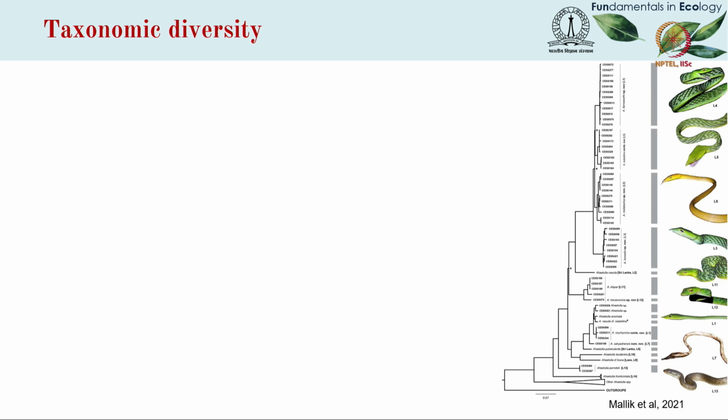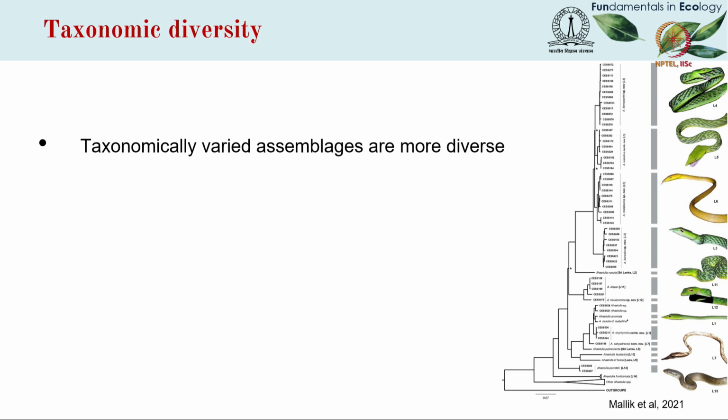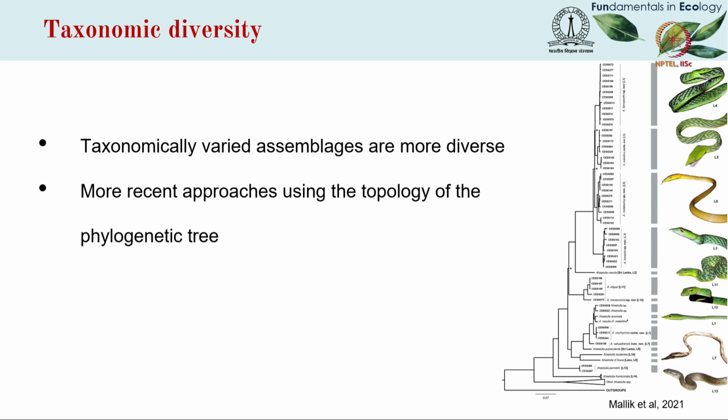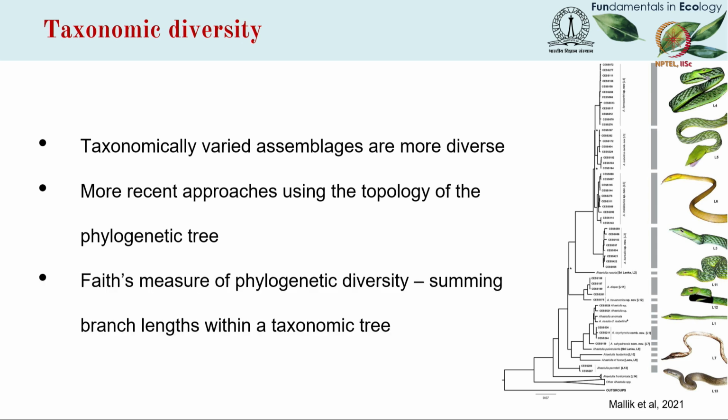One of these is taxonomic diversity, and this is based on the idea that taxonomically varied assemblages are more diverse. So if you look at a phylogenetic tree, some of these are more closely related to each other. There are some that are more deeply divergent, and we can use the topology of the phylogenetic tree.